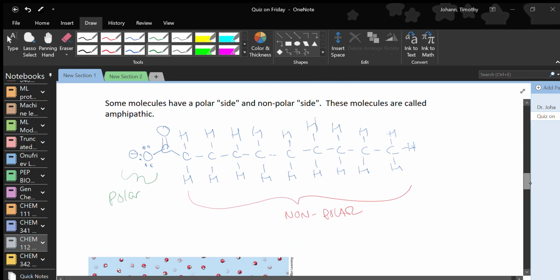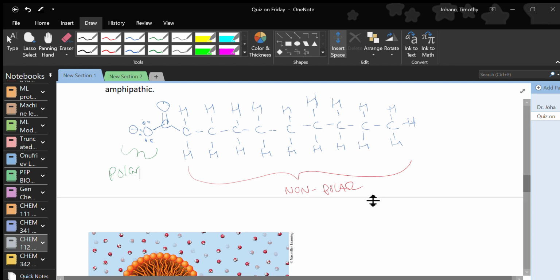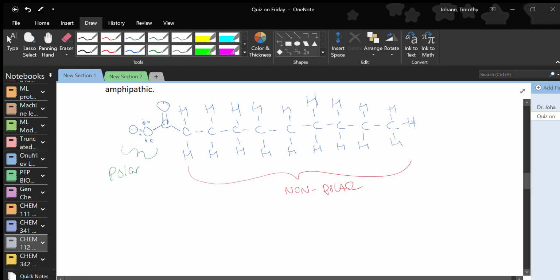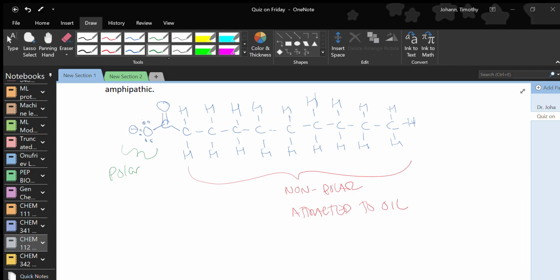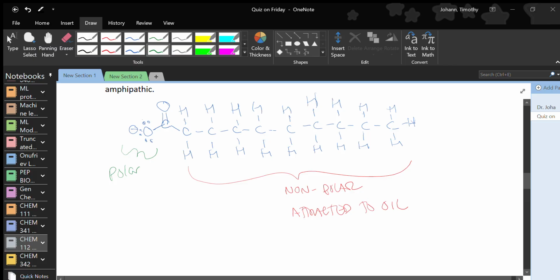And so this nonpolar part, if we think about washing your hands, is going to attract oil. It's going to mix with oil, however we want to say that. It's going to dissolve in oil. And this part is going to be attracted to water.